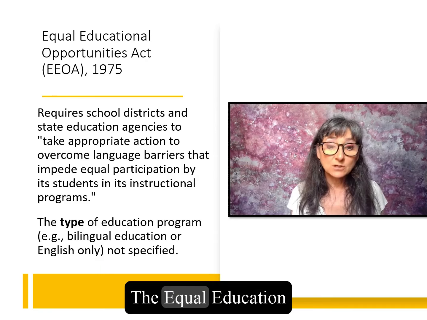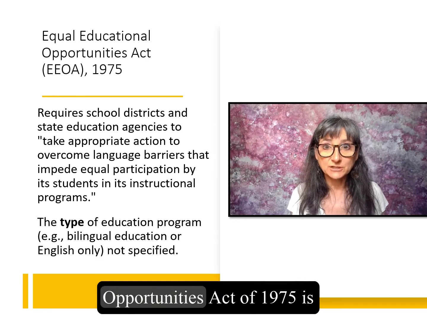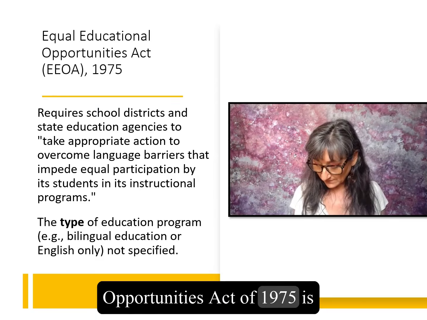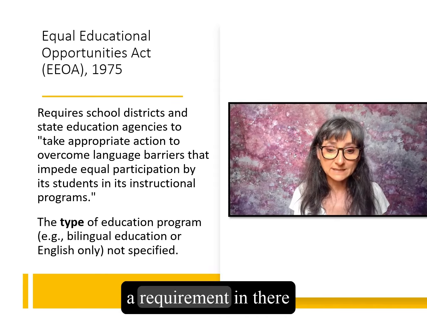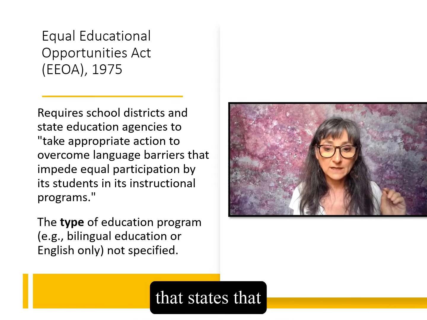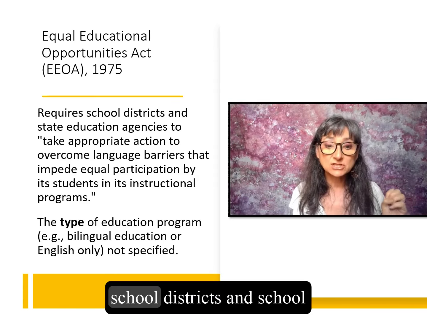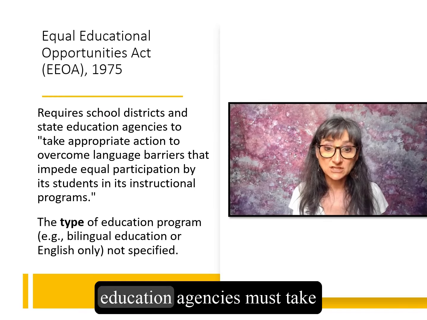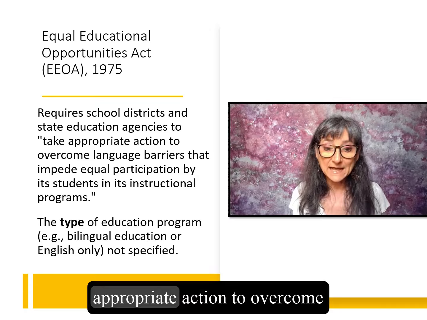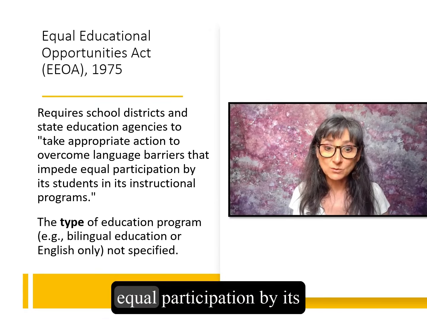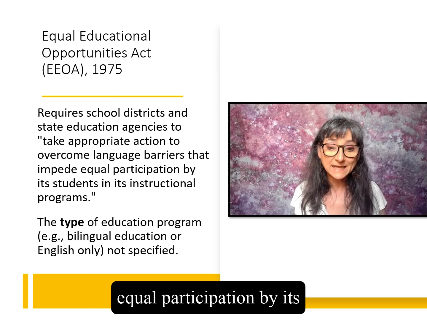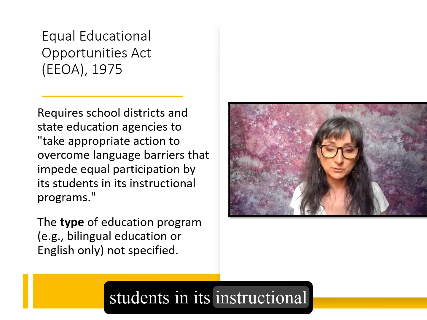The Equal Educational Opportunities Act of 1975 is also important because it has a requirement in there that states that school districts and school education agencies must take appropriate action to overcome language barriers that impede equal participation by its students in its instructional programs.